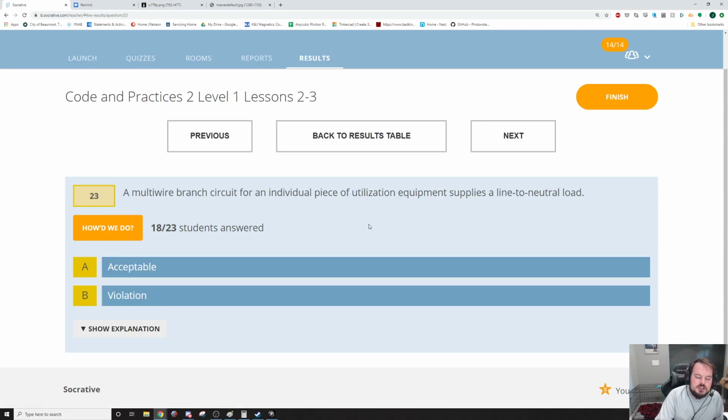A multi-wire branch circuit for an individual piece of utilization equipment supplies a line to neutral load. That is actually the only acceptable one. You cannot go line to line with a multi-wire branch circuit. Basically, you can't have 240 volts on a multi-wire branch circuit. A multi-wire branch circuit is basically a circuit that shares a neutral.